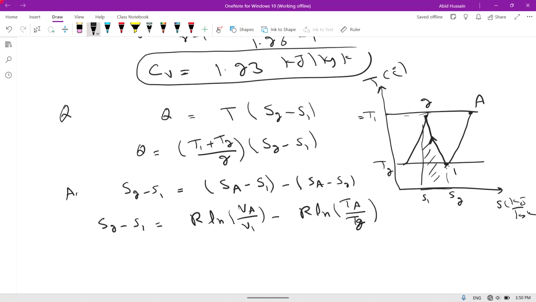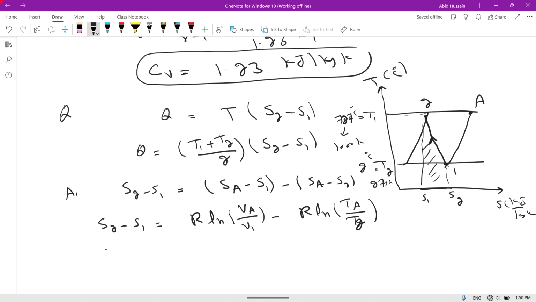This is 700 degrees centigrade, and in Kelvin this is 1000 Kelvin, and this is T1 temperature. T2 temperature is 2 degree centigrade, and in Kelvin it is equal to 275 Kelvin.